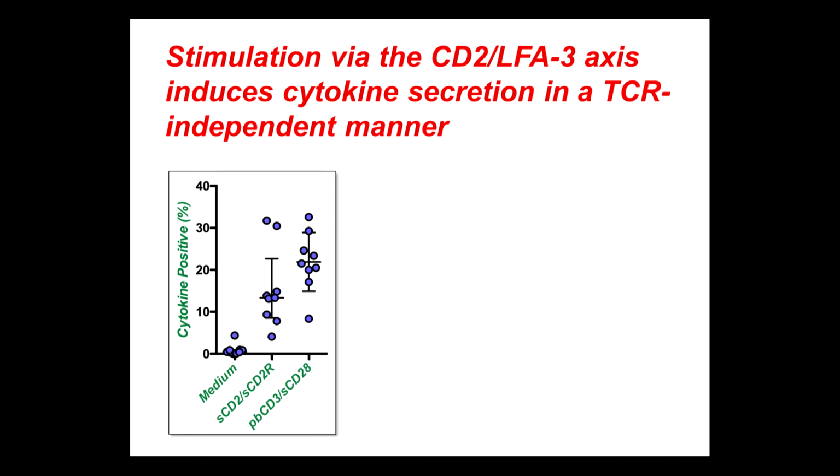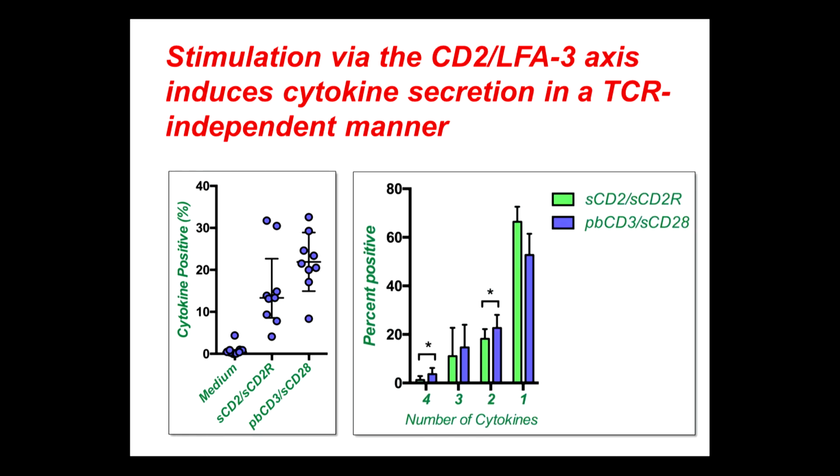This stimulation is T-cell receptor independent. You don't need to stimulate via antigen. You don't need CD3. And not only can you induce a single cytokine by CD2 stimulation, you can induce multiple cytokines, 1, 2, 3, or with a low frequency, even 4, although at least in terms of 4 cytokines, CD3 stimulation seems to be a little more effective.